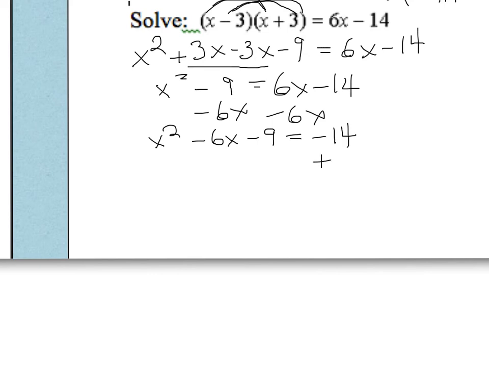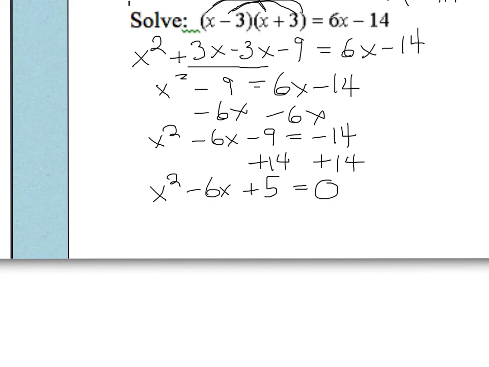And now I'm going to add that 14 to both sides. And so now I'm pretty much where I want to be. X squared minus 6x plus 5 equals 0. And again, that's where I want it to be.